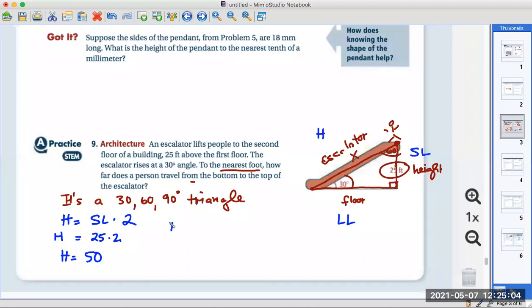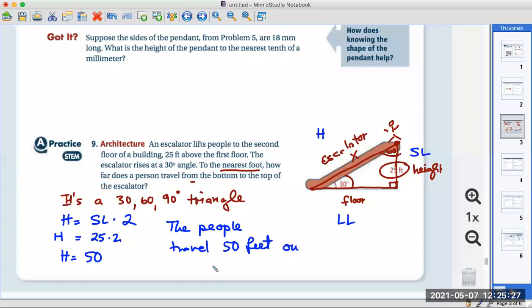The people travel 50 feet. Is it in feet? Yep.